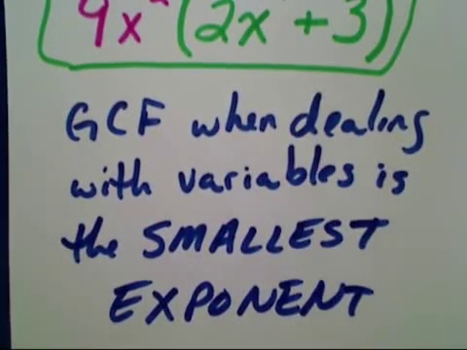The greatest common factor when dealing with your variables is going to be the smallest exponent, because that's the most that you can pull out, is the smallest amount. Okay? Let's do another example.